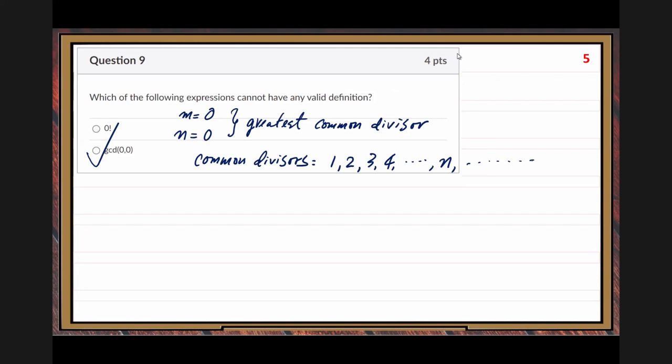No fixed number could be the greatest common divisor because all these positive integers are common divisors of these two numbers. So that's why it is not defined. Nobody can provide a reasonable definition without causing a problem. Not defined. Simple explanation.